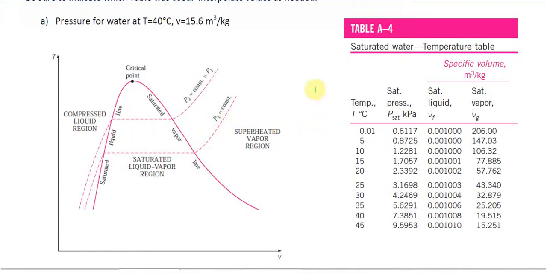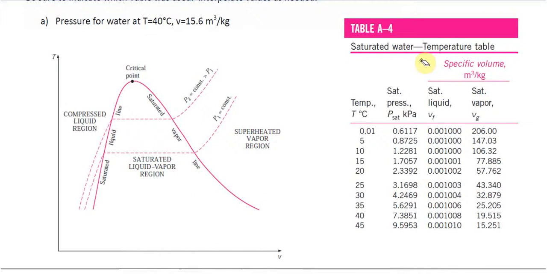If I open the table that belongs to saturated water at the end of any thermodynamics book, you will see that the properties are listed according to temperature. That's called the temperature table. Or sometimes it's ordered with the pressure as the first parameter, listed according to increasing pressure.